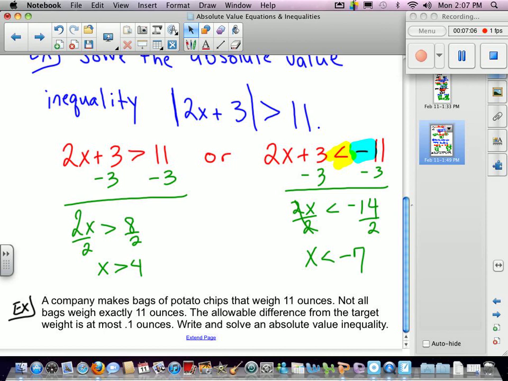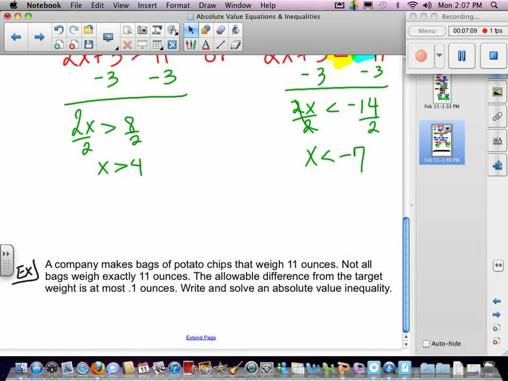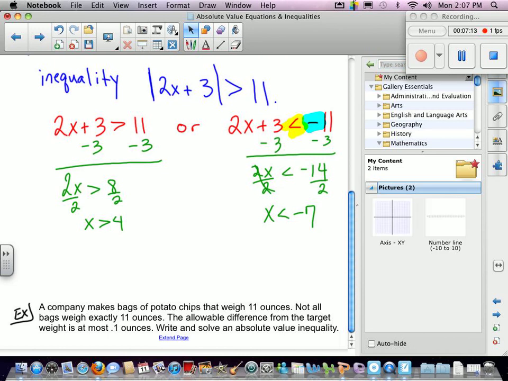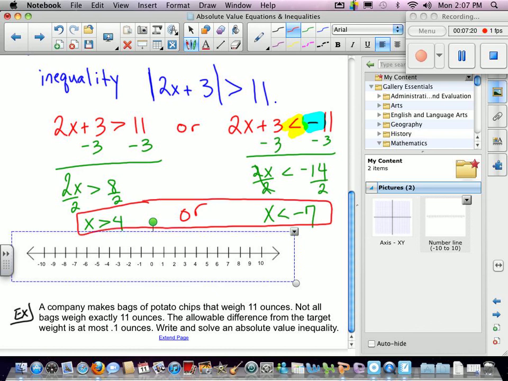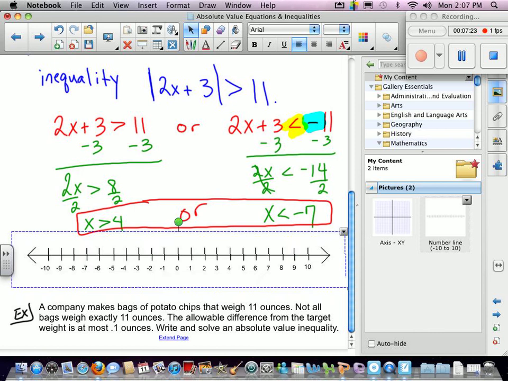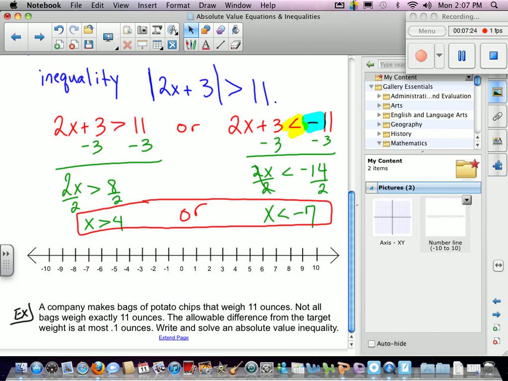Okay. I'm actually going to go ahead and graph that just as a kind of quick review on what this graph would look like. Because it's the word "or" in between, we're going to talk about what that looks like. So we're going to have x is greater than 4, which would be going that way, to the right, open circle going to the right, or x could be less than -7.